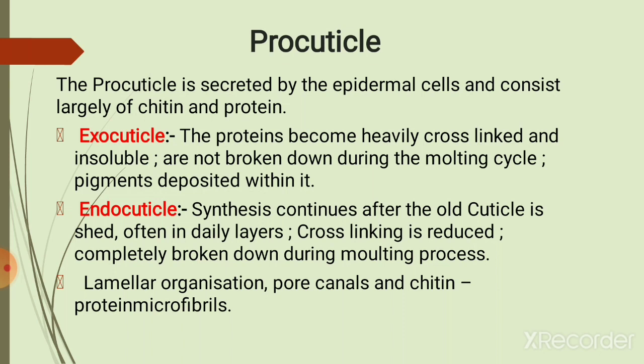Then next point is chitin protein microfibrils. The chitinous cuticle is composed of two types of molecules, the chitin and the protein chains, which are often closely associated with one another. Then what is chitin? Chitin is a nitrogenous polysaccharide.